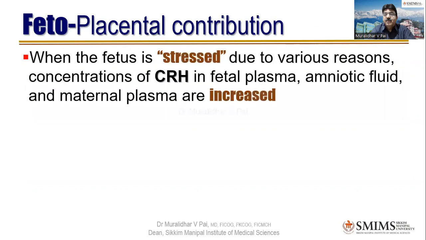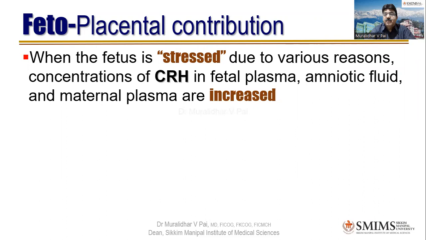When the fetus is stressed, I put it in inverted commas. Stress means not psychologically stressed. The word stress is usually used for psychological stress, but here stress may be because of preeclampsia, stress because of hypoxia, stress because of any other hostile intrauterine environment. Stress may also be because of gestational diabetes.